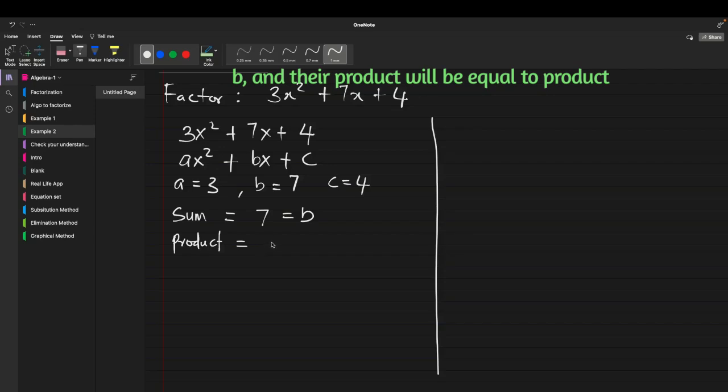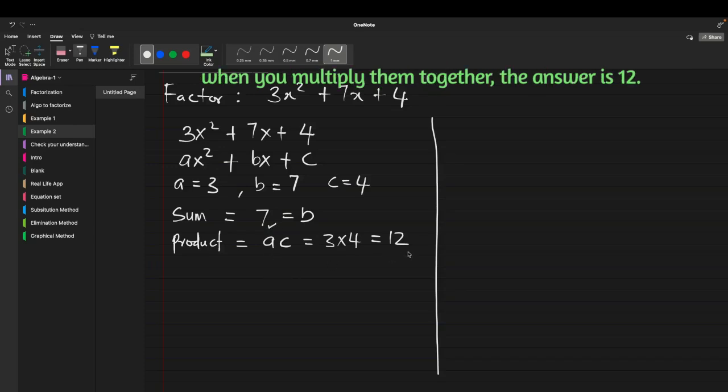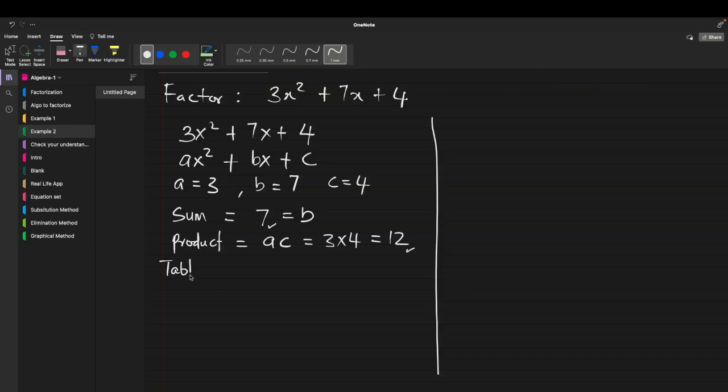will be equal to the product of A and C, which is AC, and that would be 3 times 4, and that is 12. So we're looking for two numbers such that when you add them together, the answer is 7, and when you multiply them together, the answer is 12. So let's create our table again.